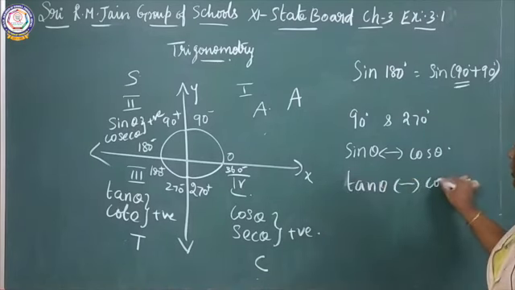Next, 525 degree. How many 360s are there? 1 into 360. 525 minus 360, what is the value? You will subtract and get the value 165.